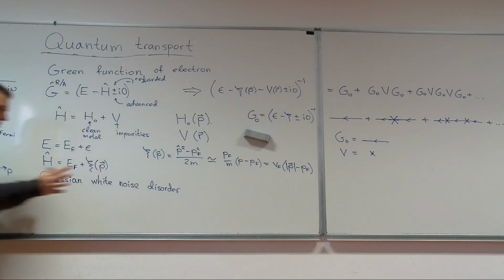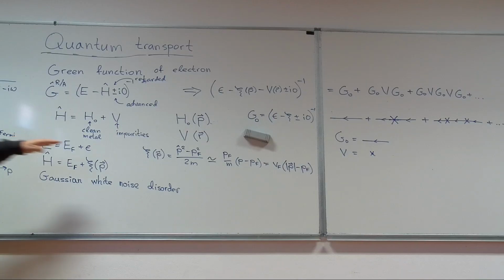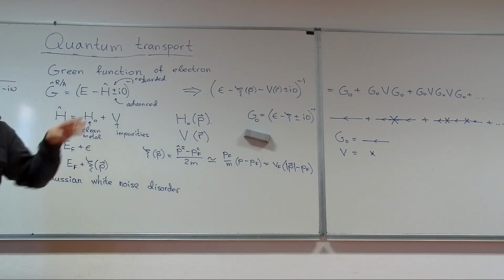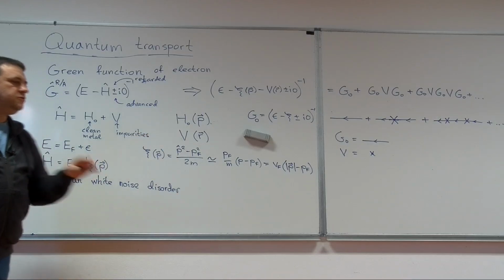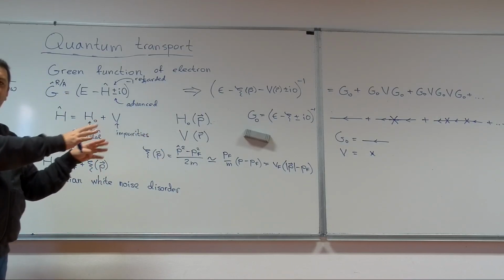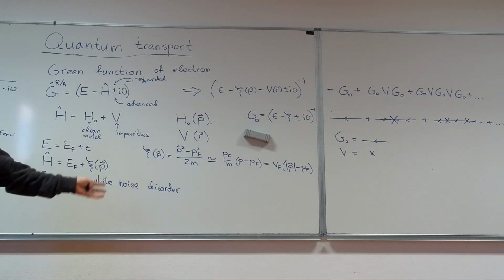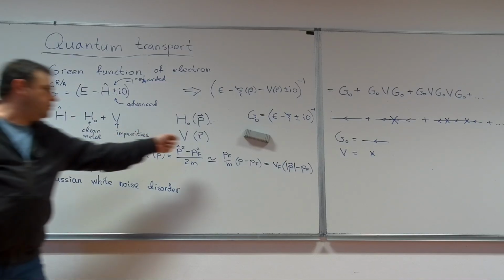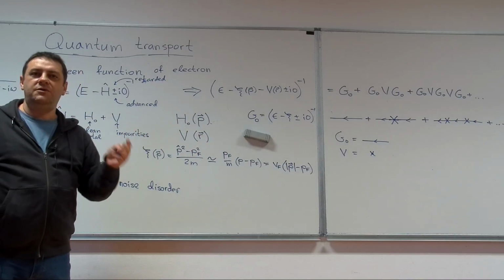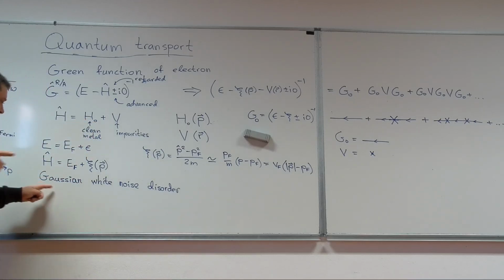So you have a metal, you have impurities there, and they are random. This V of R is some random function of R. What we assume about this function, we don't say what it is. We don't give a particular function. We just assume what the distribution is. It's a random function, which at each point is random, and it has a Gaussian distribution.